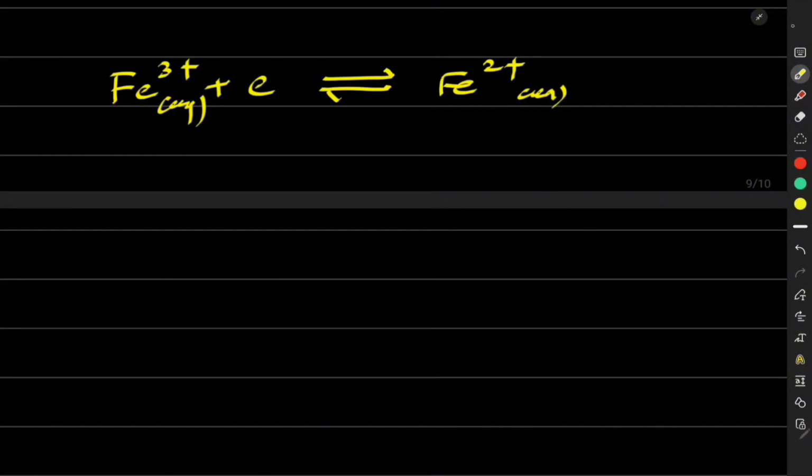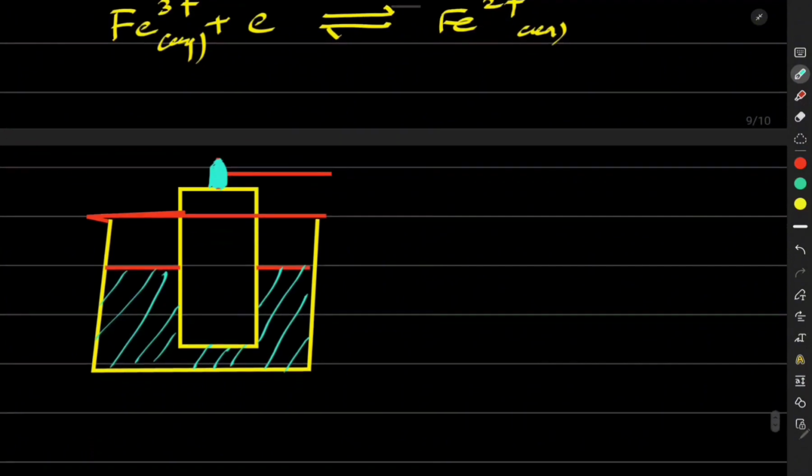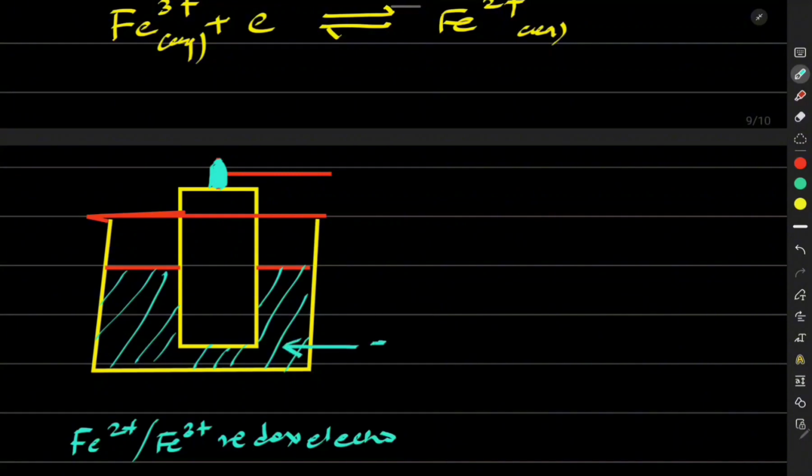Let's draw a redox electrode. This is the Fe2 plus, Fe3 plus redox electrode. In this solution, we have Fe2 plus and Fe3 plus in aqueous form.